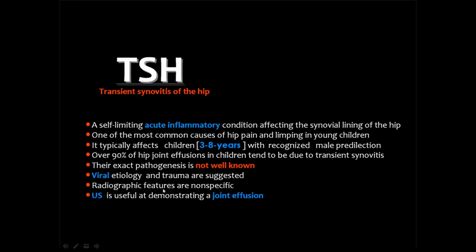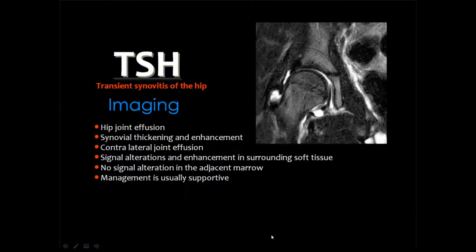The radiographic features are non-specific, and all you can see by ultrasound, CT, and MRI is just the joint effusion. Sometimes if you inject contrast material, especially on MRI, you may get synovial thickening and enhancement.